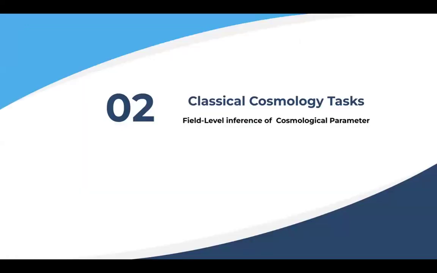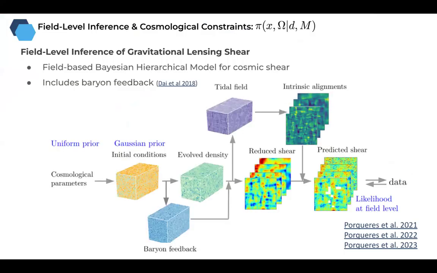Obviously, we can use this technology to do the classical cosmology tasks, like using field-level inference to infer cosmological parameters. One of the early pioneers of that was Natalia Porqueres, who extended the field-level inference approach towards analyzing weak lensing shear data within a hierarchical Bayesian model, where she starts out setting cosmological parameters and the initial conditions.